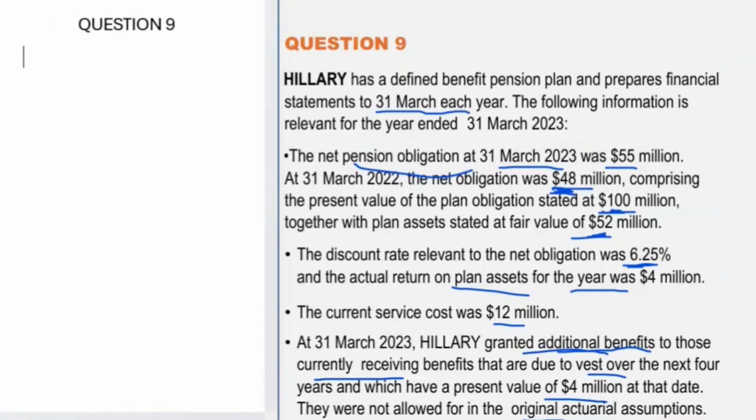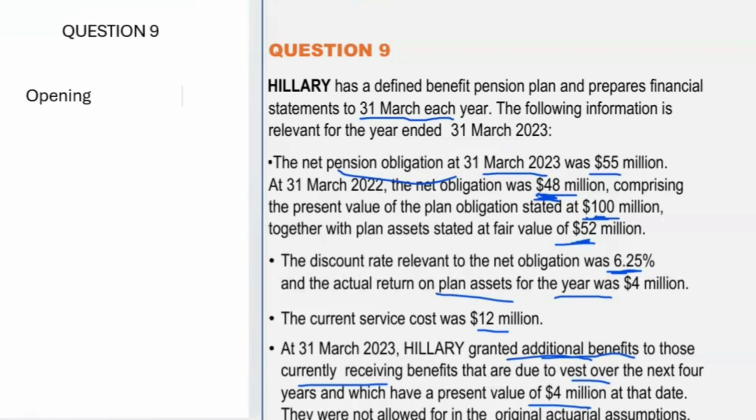We're told that it's net. So what's the opening? Here we are doing the net, don't forget. The opening was 48 million. That's the net opening at 31st March 2022.